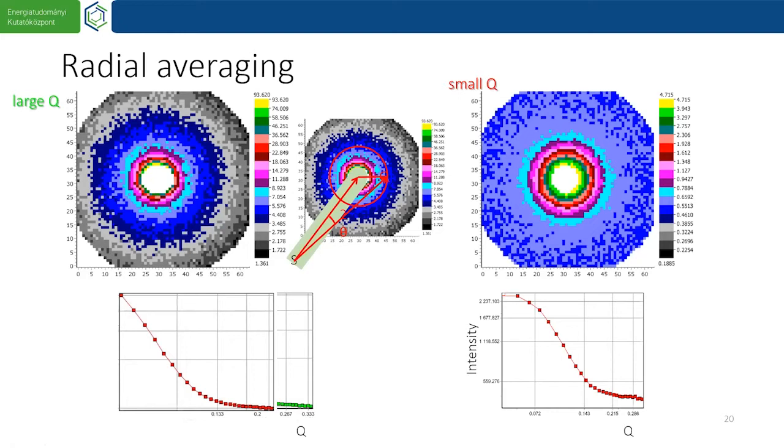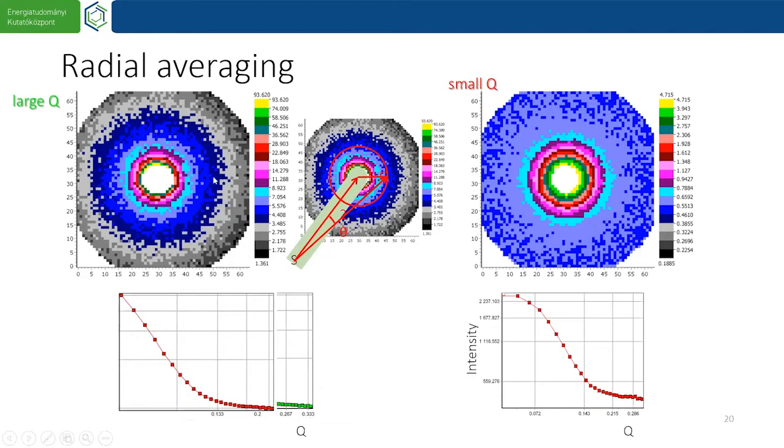So in this case, the observed scattering is more or less isotropic. The only difference we can see is if the detector is not perfect, if it has some apparent inhomogeneity. But our detector is more or less homogeneous.